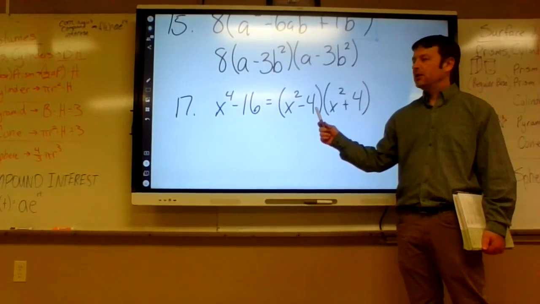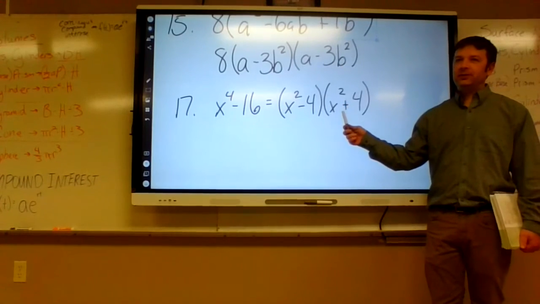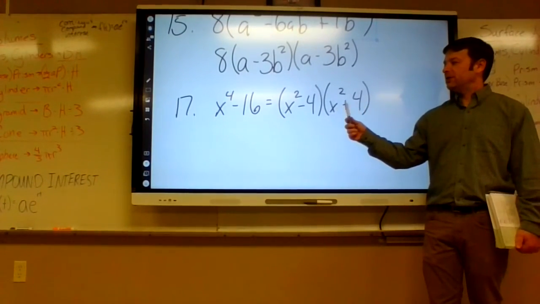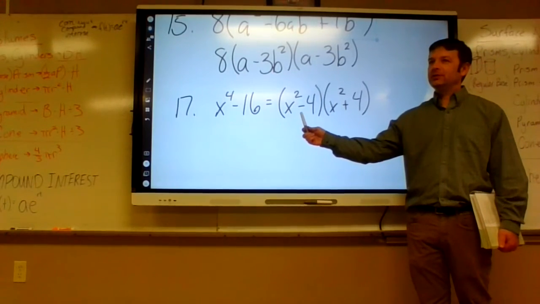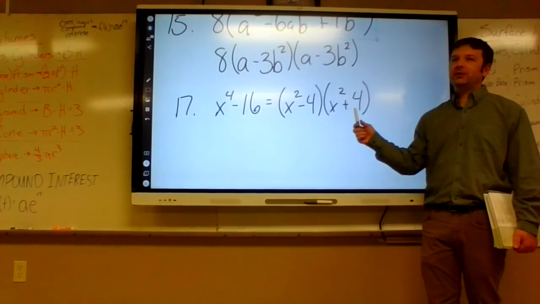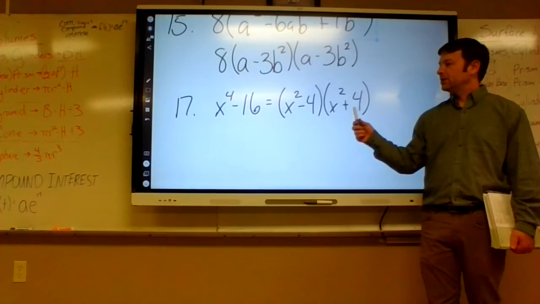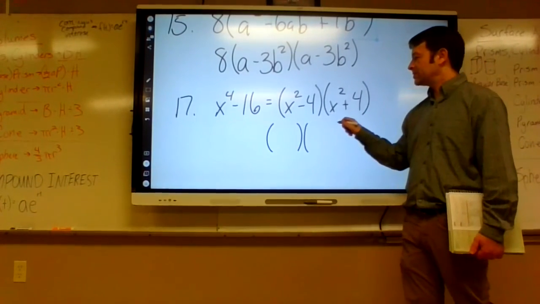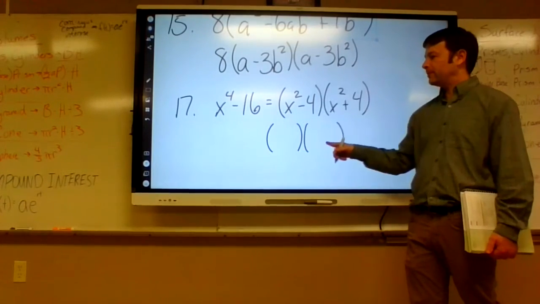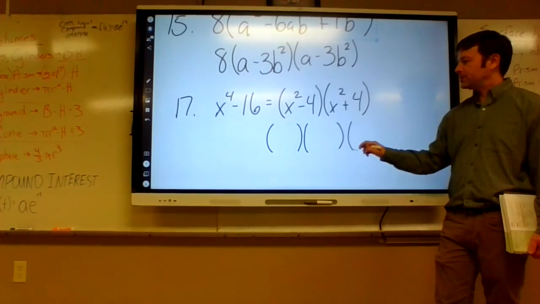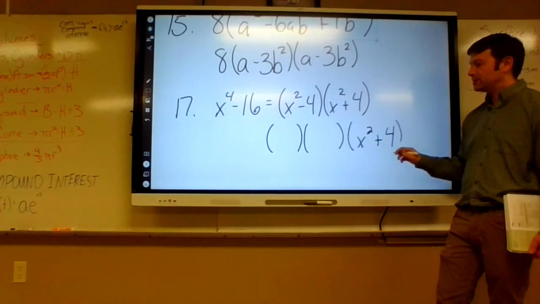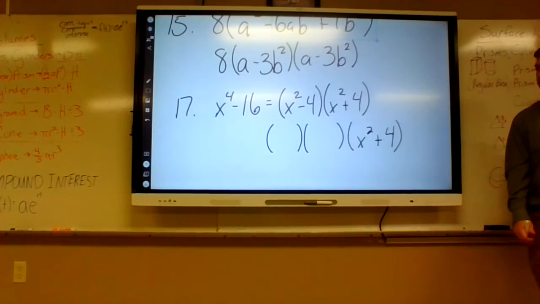What about this guy? This is a plus, a square plus a square. Does this factor? No. So the first parentheses is a square minus a square, so it can factor. The second parentheses is a square plus a square, it does not factor, so it's going to stay the same.